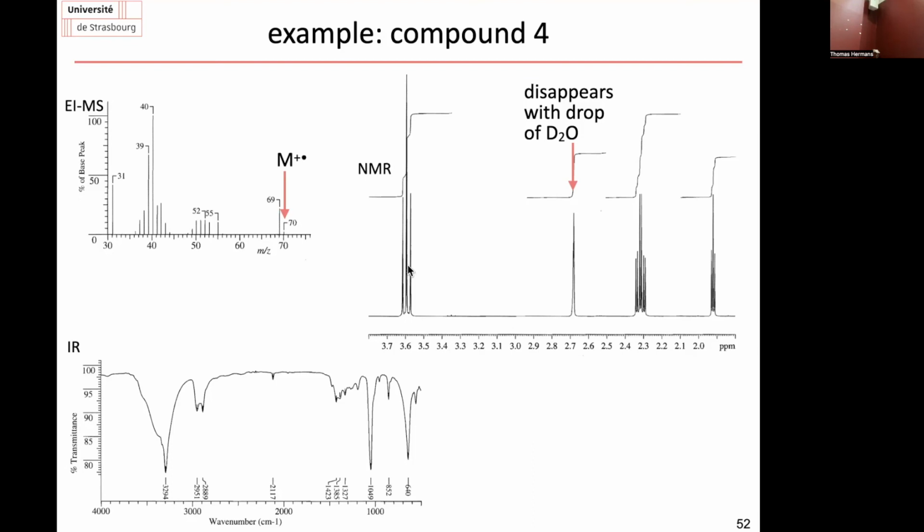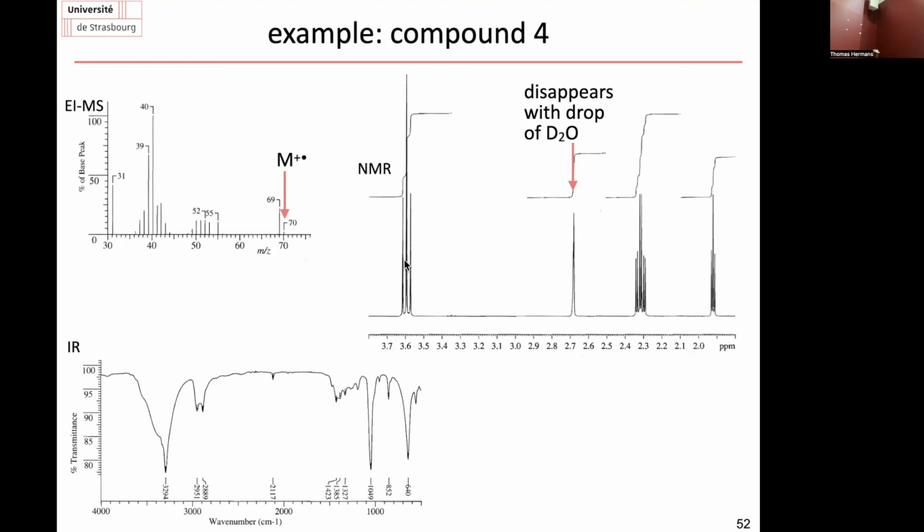Let me draw it like this. I have 1 bond, 2 bonds, 3 bonds. So that means 3J coupling, which is typically 7.5, 8 hertz. We cannot really read the coupling constant there, but we can definitely see that this triplet is much more compressed. So it means it has a smaller coupling constant. And smaller coupling constant means it's a different type of coupling. It's not just a simple coupling like that.